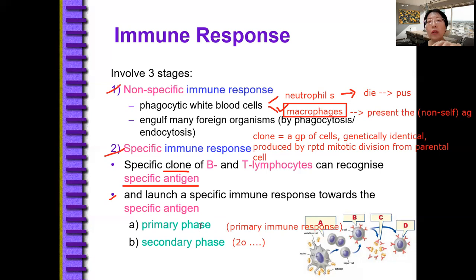Primary is when your body is exposed to a pathogen for the first time, then your immune response is called the primary response. But after the first exposure, subsequently, let's say 2 years later, you are exposed again to the same type of pathogen, then your body will launch the secondary immune response. That's the difference between primary and secondary.